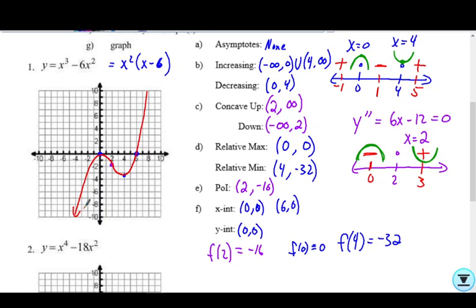If you remember from pre-cal, this 0 right here, since it's multiplicity 2, it bounces, and that's why it looks like that. So this is how we put everything together: pre-cal, algebra 1, algebra 2, and the first and second derivative tests all put together. We get a very good picture of what my function looks like. So this is how you graph using the first and second derivative.